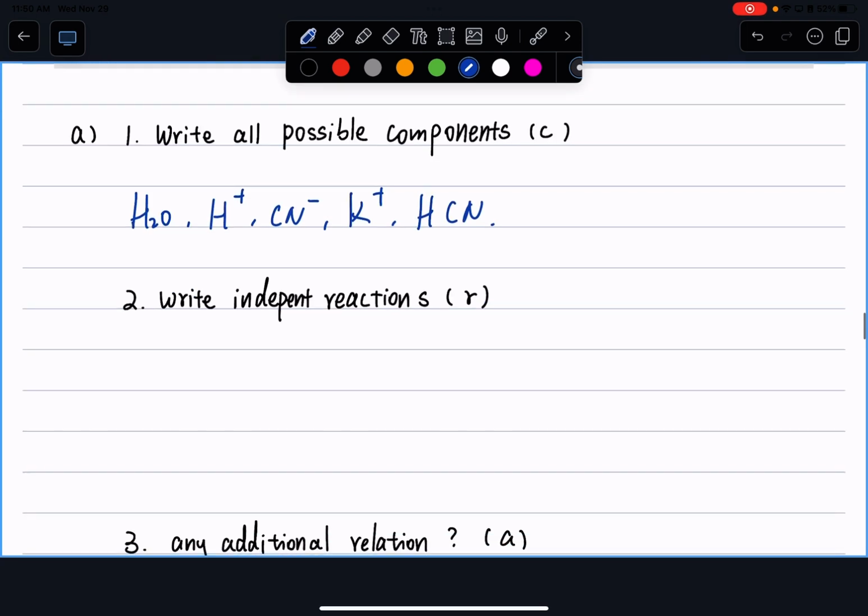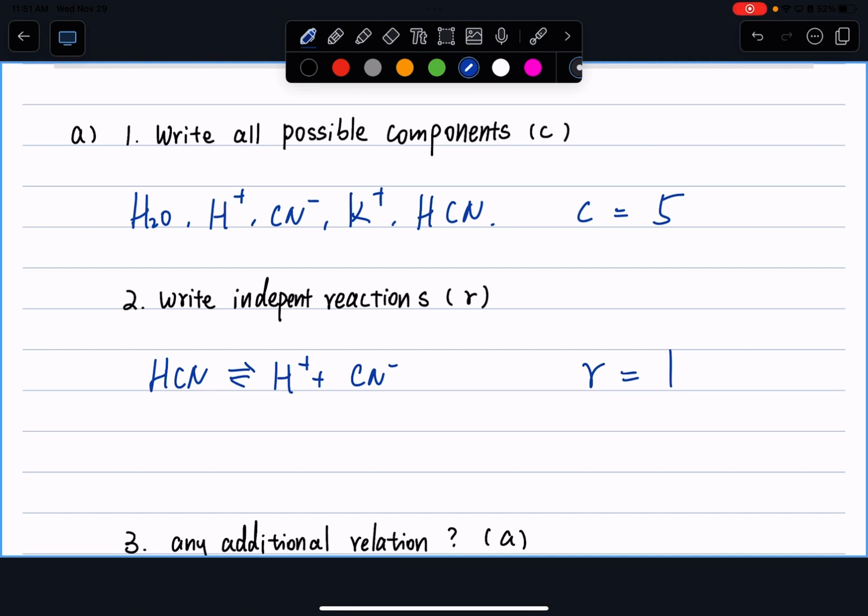And in this case, you have your total number of components equal to 1, 2, 3, 4, 5. And the equilibrium reaction involved is HCN in equilibrium with H plus and CN minus. Now, I don't have the KCN dissociation because that process is not an equilibrium. You can also write it in, it doesn't change anything. So here you have your reactions equal to 1.